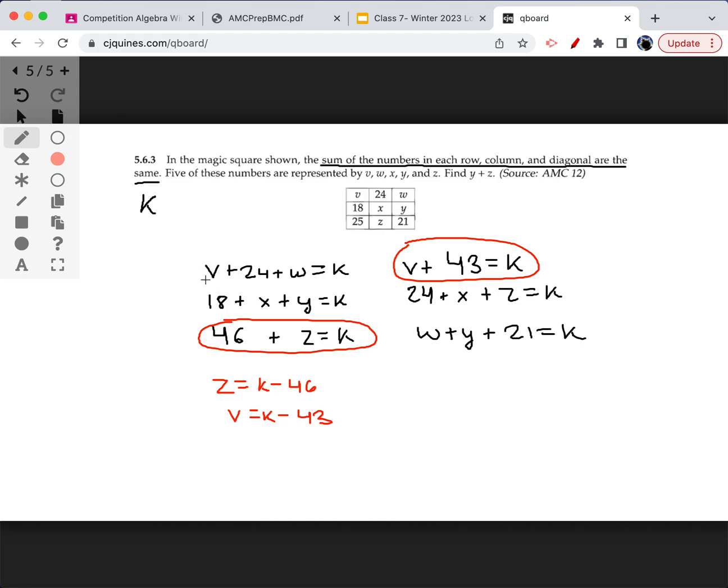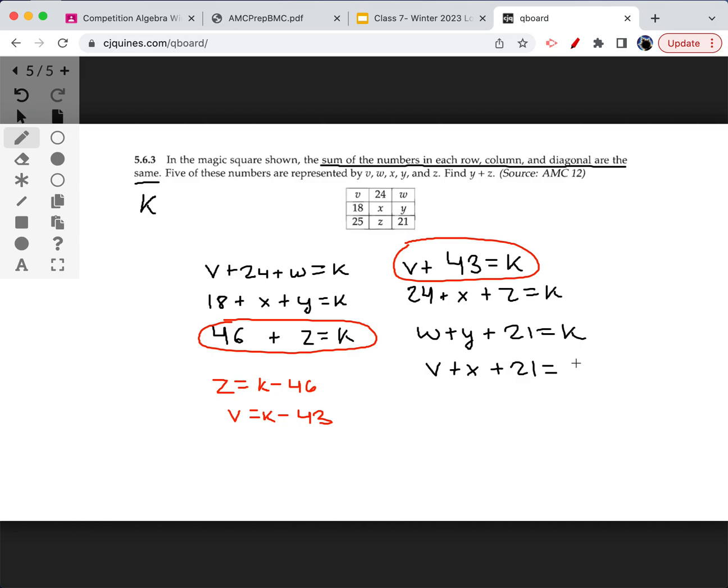So in the first equation, we have v plus 24 plus w is equal to k. So k minus 43, which is v, plus 24 plus, oh wait, let's just write down our equations for the diagonals as well, since we want to put down all the information we have at the same time.